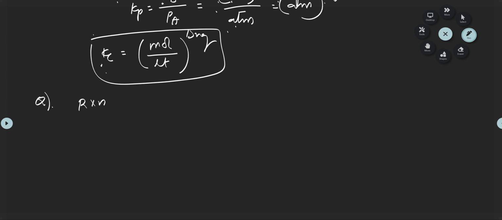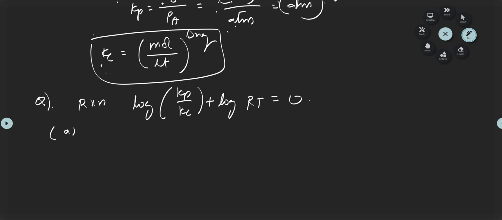One question. For a reaction, log Kp by Kc plus log Rt is equal to 0. Which of the following is correct for this reaction?